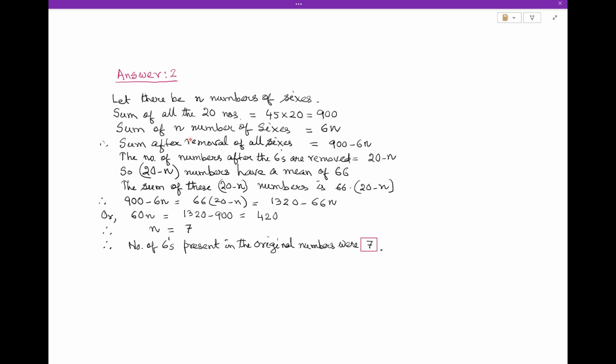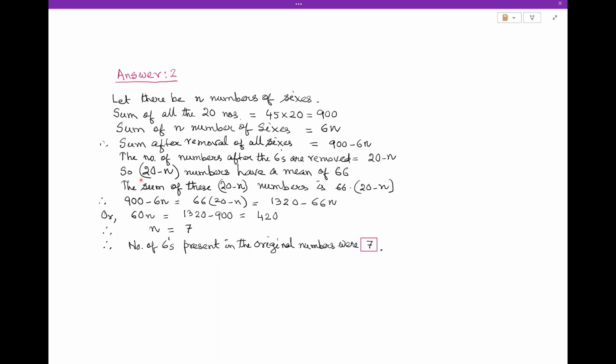Let the sum of n number of sixes be 6n. Then the sum after removal of all the sixes is equal to 900 minus 6n. The number of numbers after sixes are removed becomes 20 minus n.